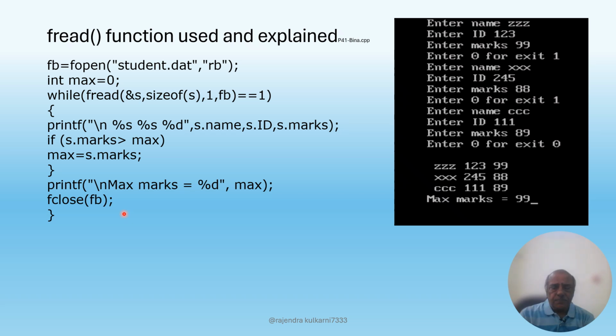So this is the screenshot of the output which I obtained after executing this program. I entered data about 3 students, names ZZZ, XXX, CCC, then some random IDs, and random marks I have put here, and this is the output I get after execution of this program.